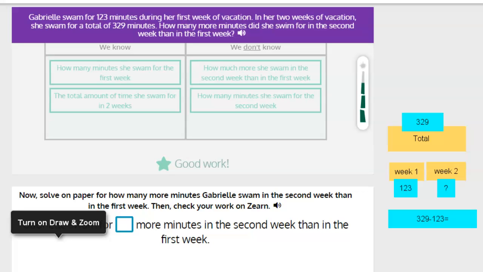Go ahead and take a few minutes to solve on your own. Remember, in this lesson, we're also working on strategies to add and subtract. So make sure that you're actually using a strategy that you know how to use and pay special attention to when you have to bundle or unbundle.